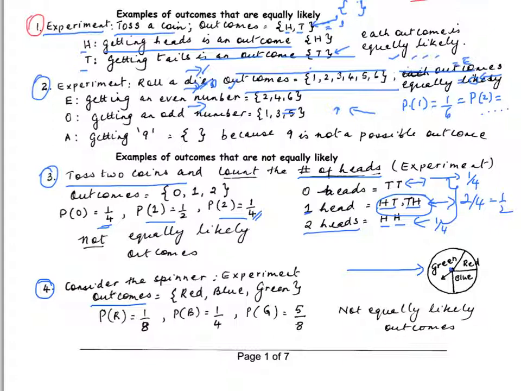Blue is 1/4 of the entire circle, so that's probability 1/4. And similarly, we can figure out that probability of getting red is half of the 1/4, so that's 1/8, and the rest of it is getting a green. So again, this is an example of outcomes that are not equally likely.